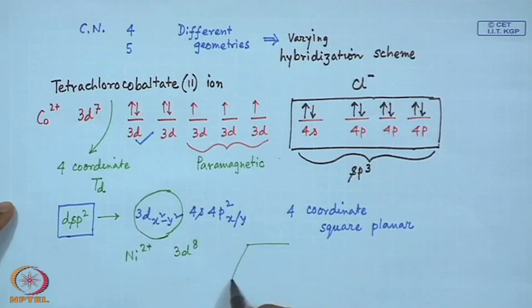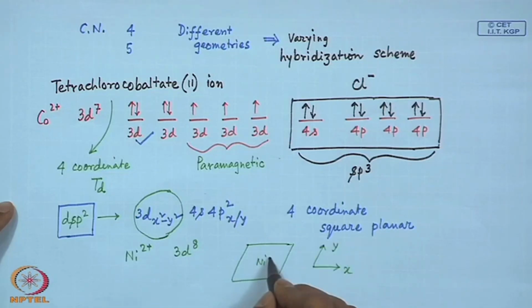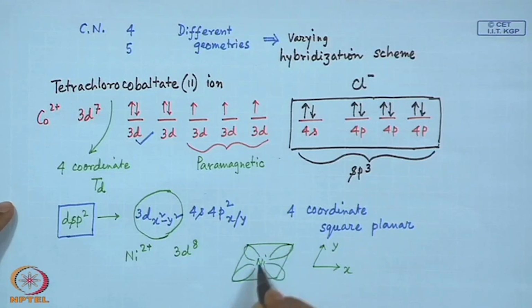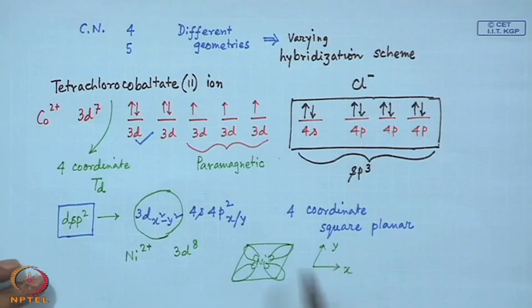So this is the plane which is x and y. So nickel is sitting over there, and we have 4 hybridized dsp2 orbitals, so that's why they are in the xy plane.